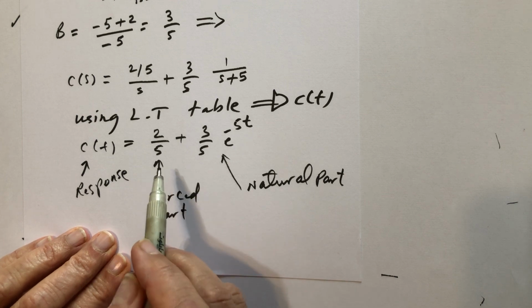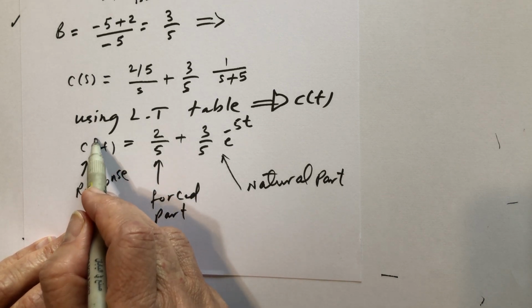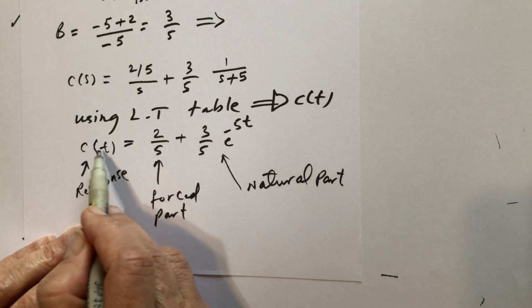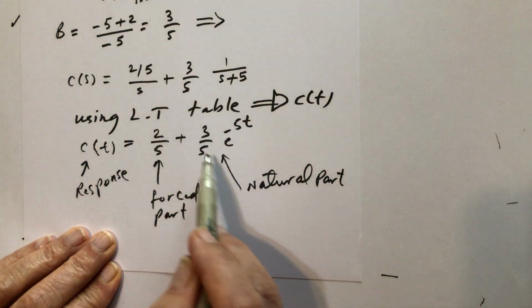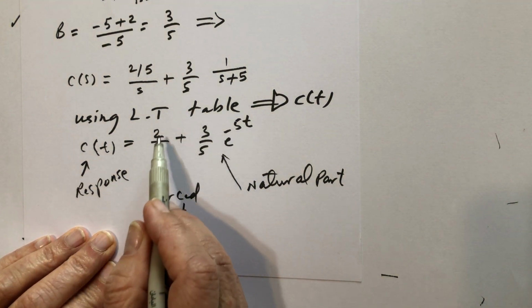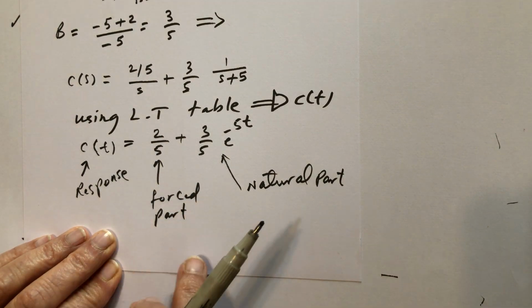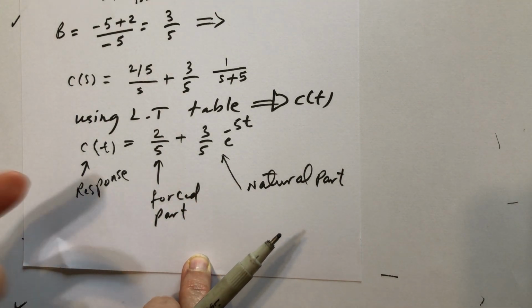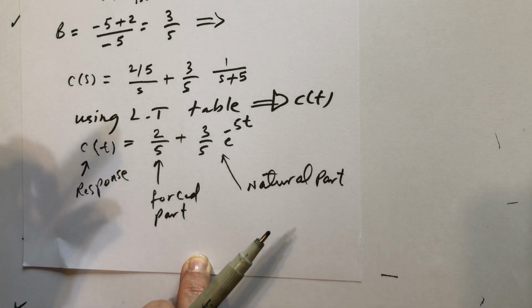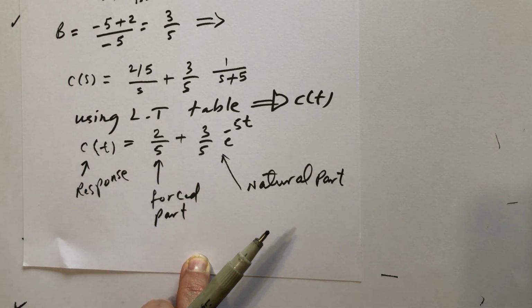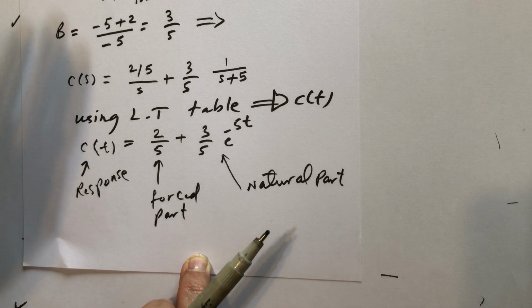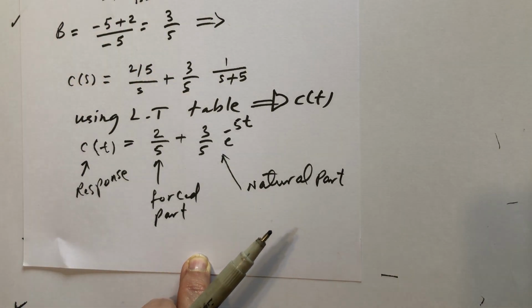As t goes to infinity, this will go to 0, and what will be left is this one, 2 over 5. In shape it's like the input step, a constant. But as a value, it will differ because it depends on the system. It doesn't get the same value as the input.